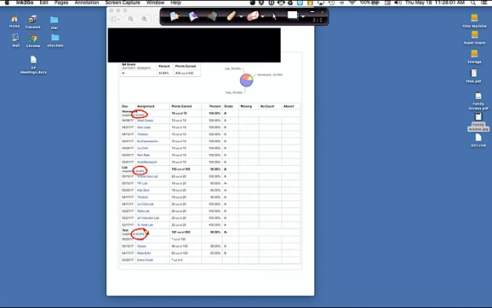So what you're trying to do is chase points. You are trying to get the number of points in these categories to add up to the grade that you want. This particular student wants an A. She wants a 94%.